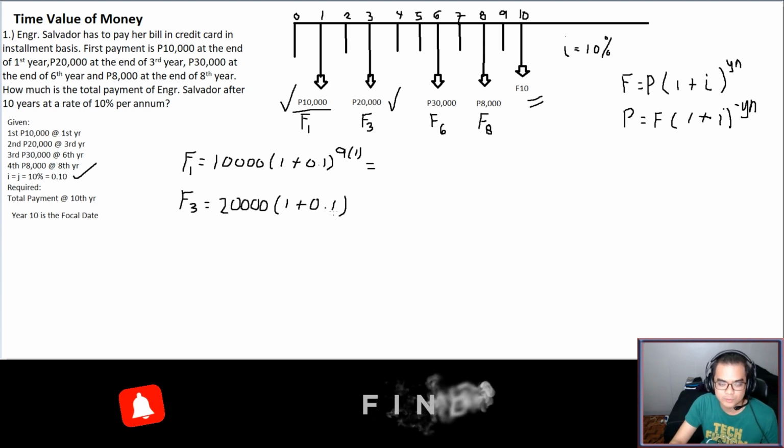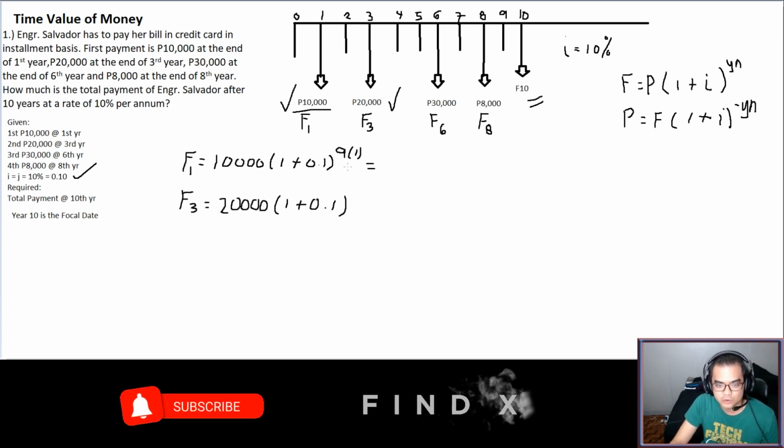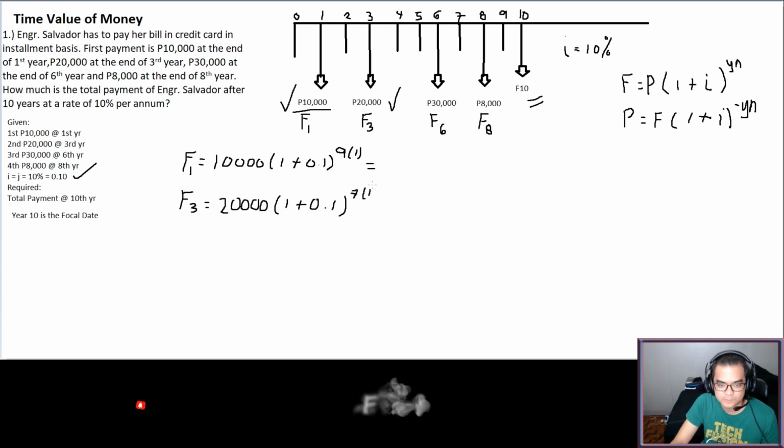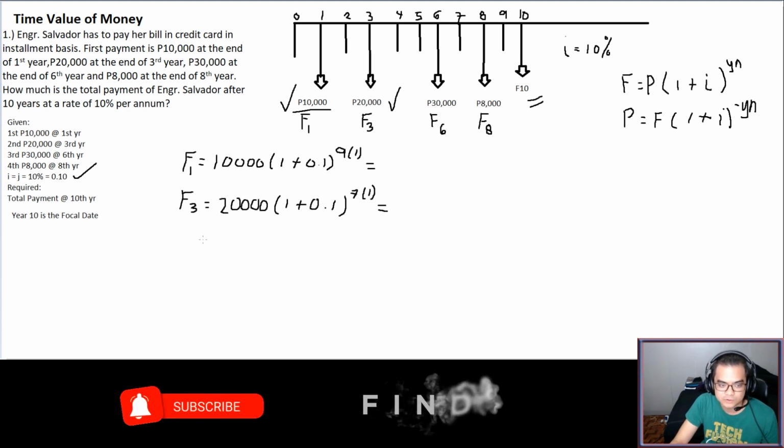We're going right. So remember, if you're going right, your exponent must be positive. If you're going left or going to the past, your exponent must be negative. So since we're going right, this must be positive. That is from year 3 to year 10. So how many years is that? Again, that is 7 years. So we have a value for that. We will be solving that later on at the same time.